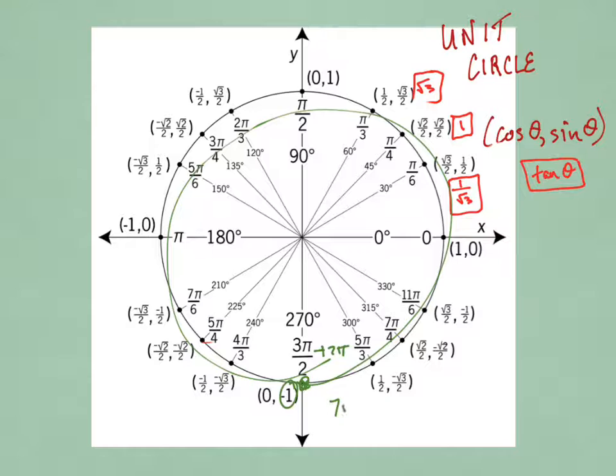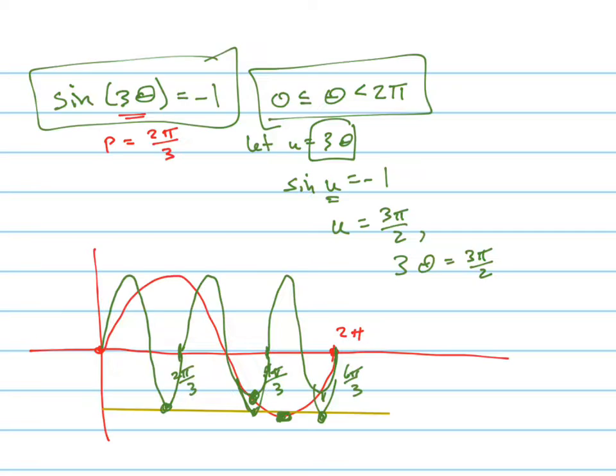So it could be 7 pi over 2, because I'm adding 2 pi, which is 4 pi over 2. Or I can add another 2 pi to it, which would be 11 pi over 2. I can keep adding and adding. So it's 3 pi over 2, 7 pi over 2, and 11 pi over 2, and I go around it 3 times.